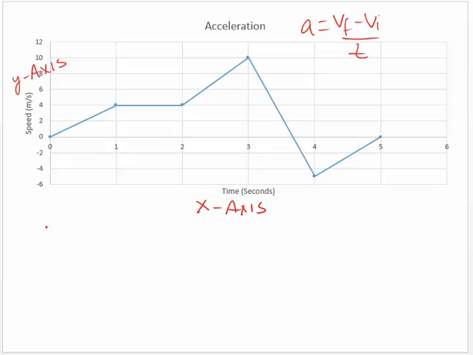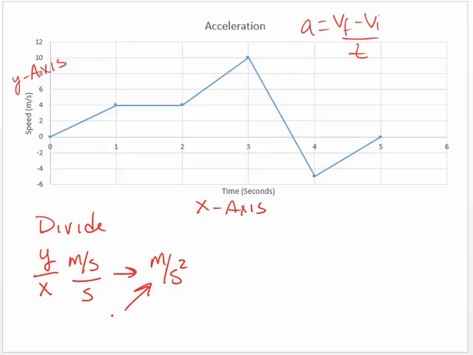So first of all then, what happens when we divide the two axes? Well, that tells me if I take the y divided by the x, I get meters per second divided by seconds. Well, that's what we did earlier today, and that came out to a unit of meters per second squared.